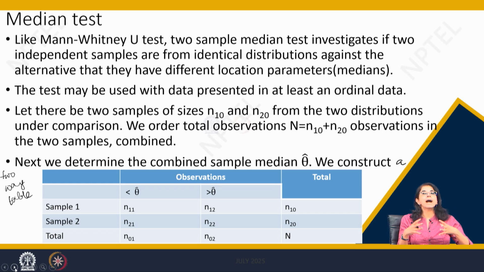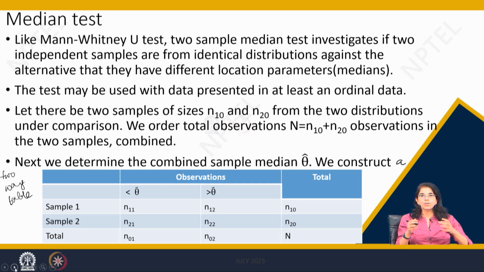So you are combining these two samples in a combined structure. Next, we determine the combined sample median theta hat and construct a two-way table. Combined sample means you are merging all the observations, arranging them in increasing order, and figuring out which observation stands as the middlemost observation.